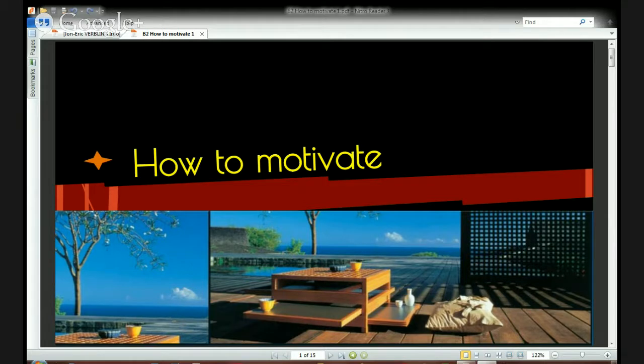Do you remember last week when I asked you to begin with to talk about the picture, and I gave you 4 steps you could go through to describe a picture? Well, you don't have to do that today, but just as a little review of the vocabulary that we've been learning, what I would like you to do is look at the picture and tell me what it has to do with the theme of motivation.